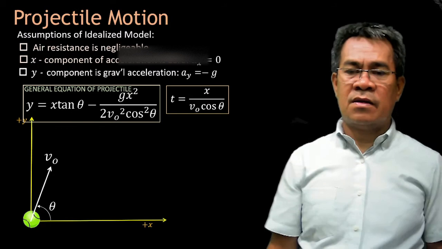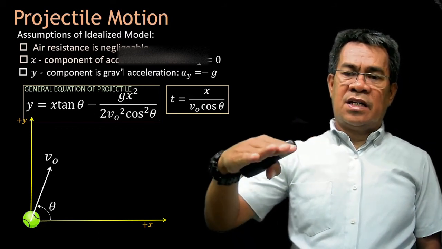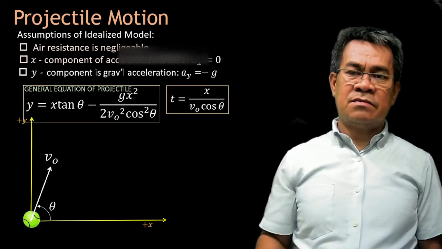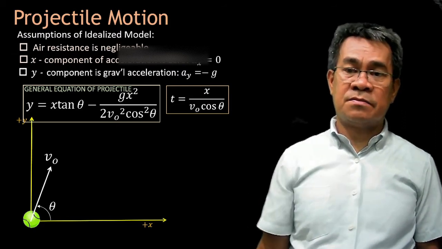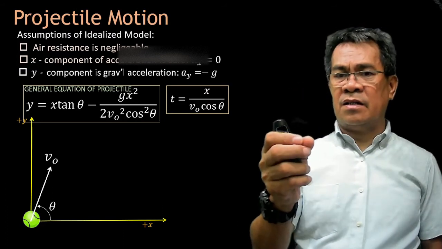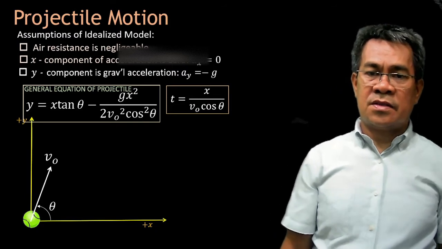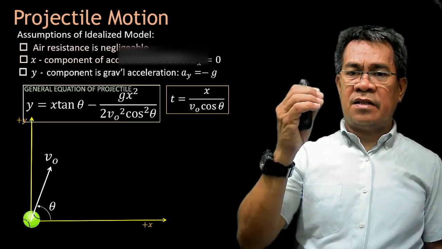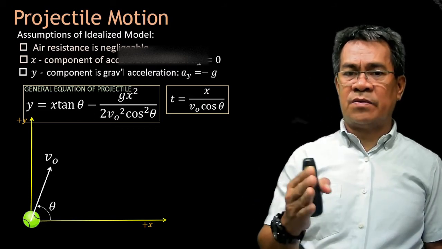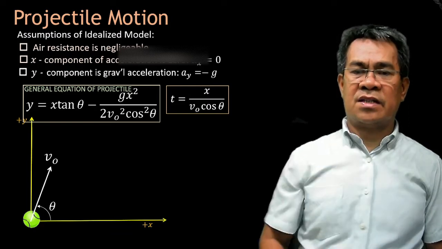Meaning, when the initial velocity is in the horizontal direction, the angle of projection theta must be 0. So if you use the formula, use the value 0. These are the important formulas: the time-independent or general equation formula, and the formula of time, which is x over V0 cosine theta.